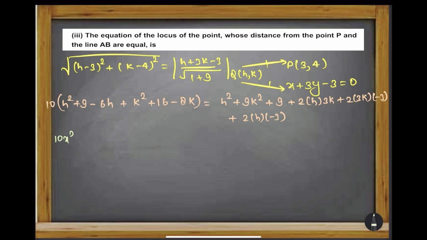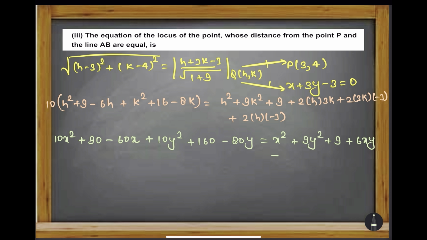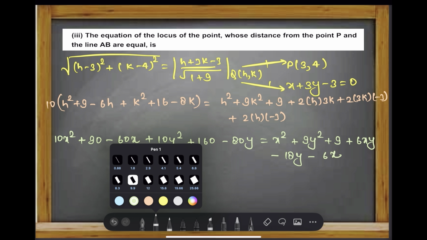So 10x square plus 90 minus 60x plus 10y square plus 160 minus 80y equals x square plus 9y square plus 9 plus 6xy minus 18y minus 6x.